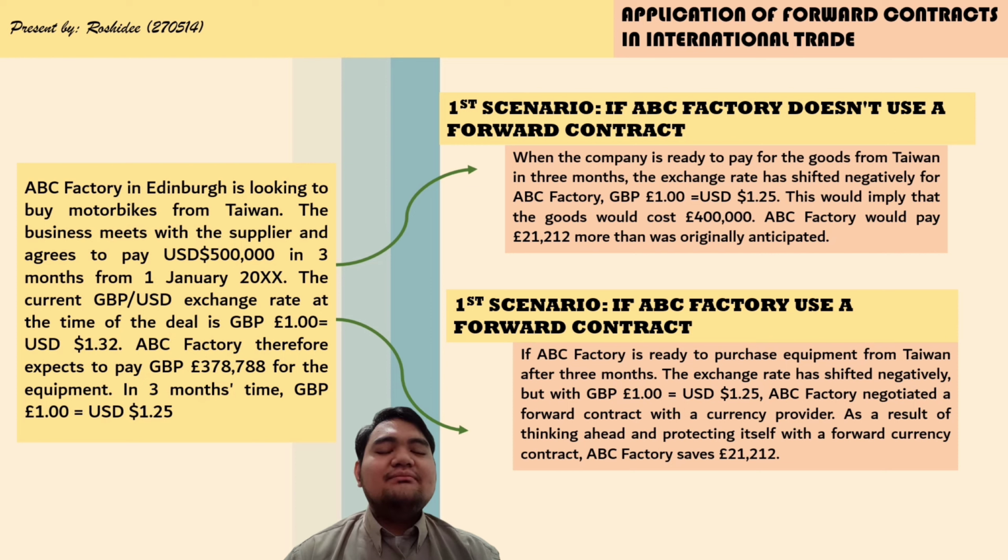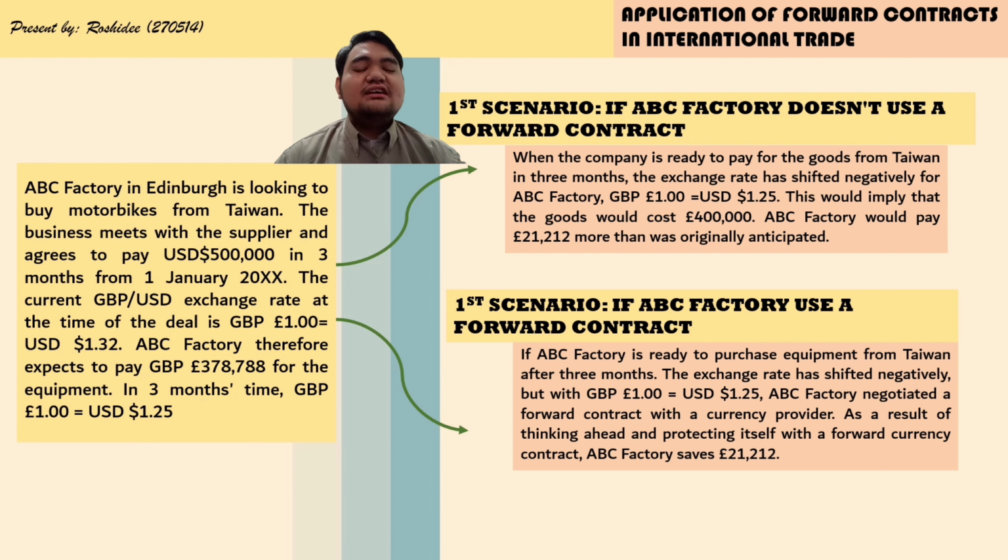In 3 months' time, 1 British pound is equal to $1.25. So there are 2 scenarios that we can see from here. The first scenario is when ABC factory did not use a forward contract. After 3 months, ABC factory is ready to buy the machine from Taiwan, but the exchange rate has changed from 1 Great British pound equal to $1.32 to 1 Great British pound to $1.25.